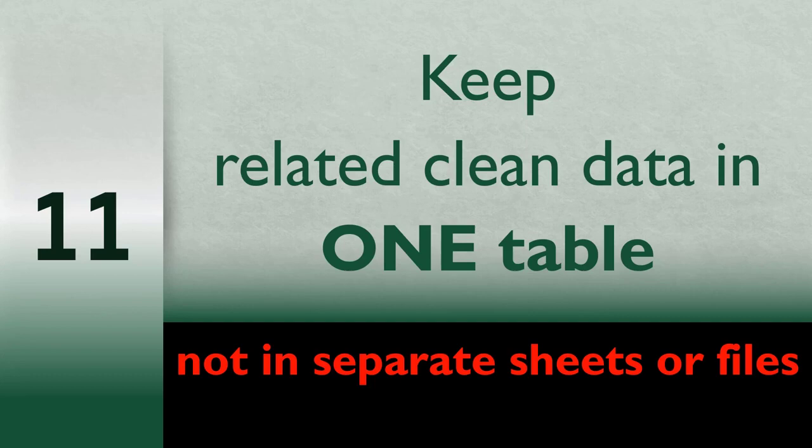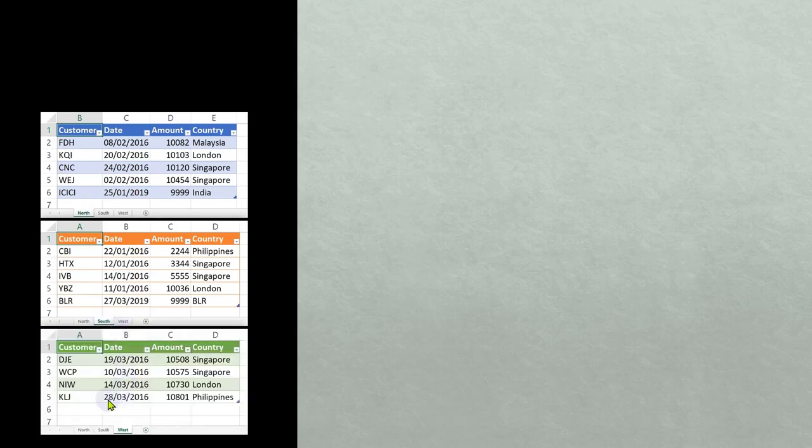Now, if you realize, yes, the months are different, but the data is in similar context. The data is the same, just the change is the month. So ideally, don't keep them in 12 sheets or 12 files. Keep them in one place. How do we make it in one place? So for example, this data came from north. So I put it in a north sheet, south sheet, west sheet, whatever.